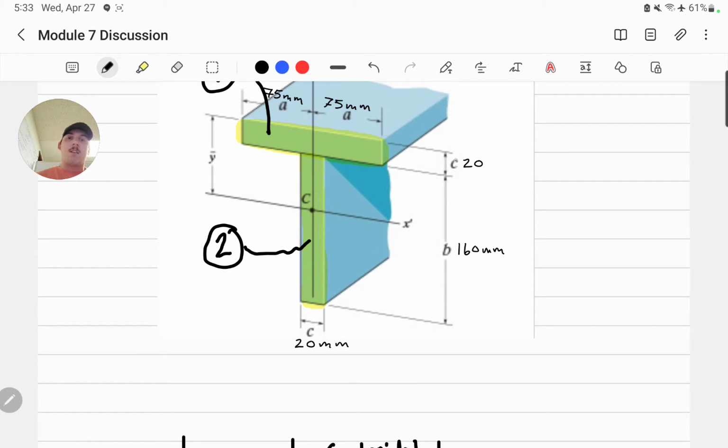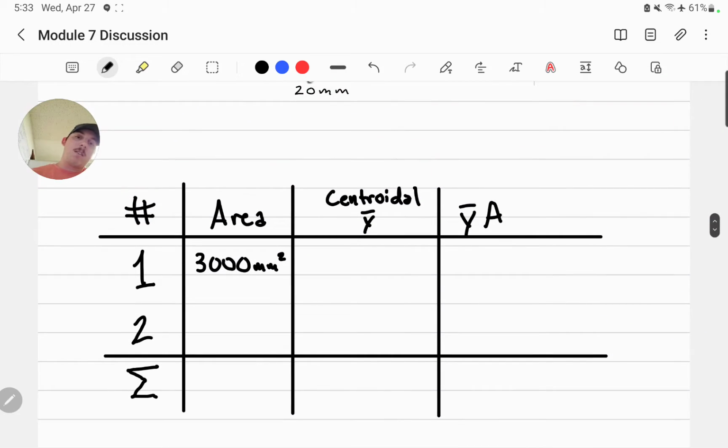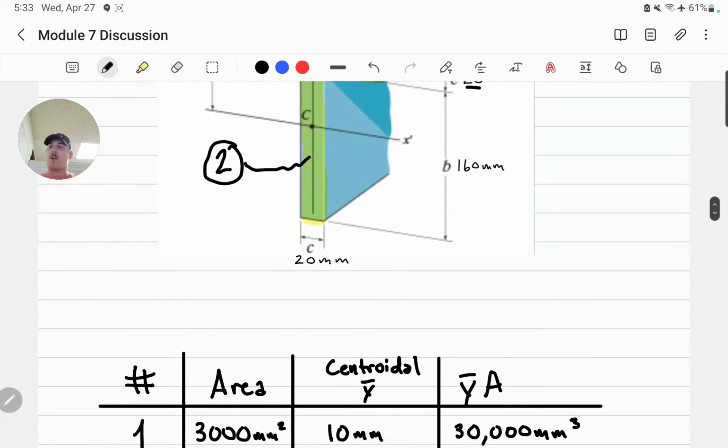I have this 20 for my height. All I need to do is find the centroid of this horizontal beam in the y direction, which is just 20 divided by 2, which gives you 10 millimeters. Then for my YA, I multiply my centroidal Y by the area, and that gives me 30,000 millimeters cubed.